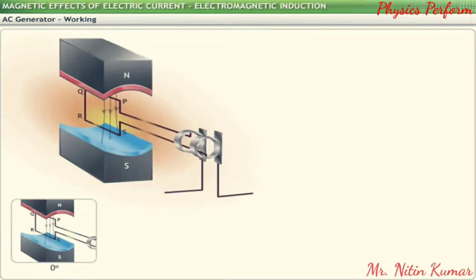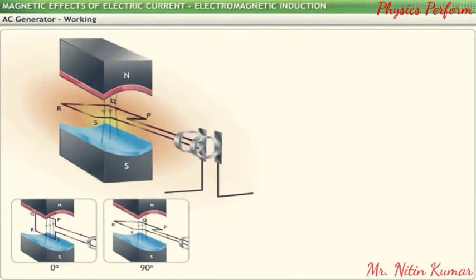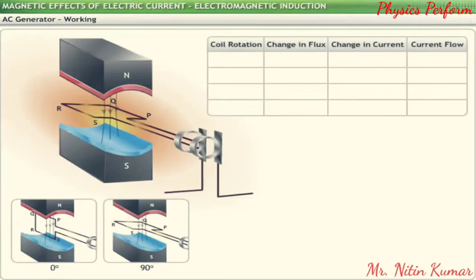Initially, the coil is vertical with PQ on top and RS at the bottom. This coil is rotated clockwise so that PQ goes down. As the coil rotates through 90 degrees, it becomes horizontal.